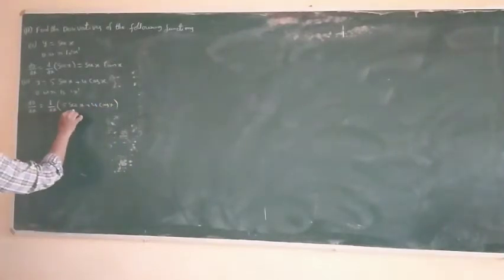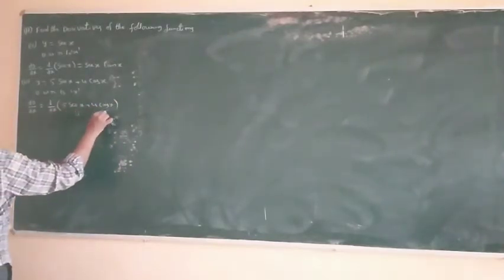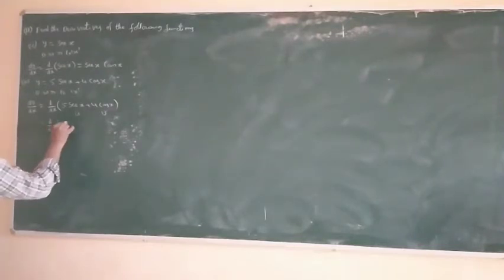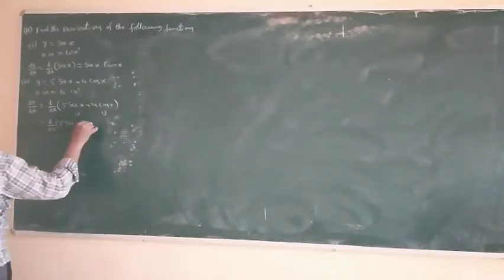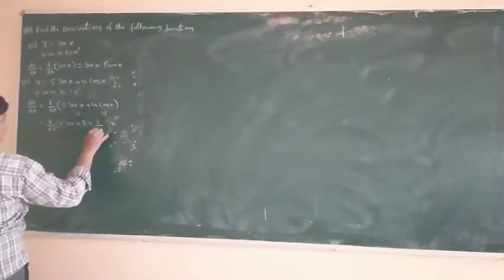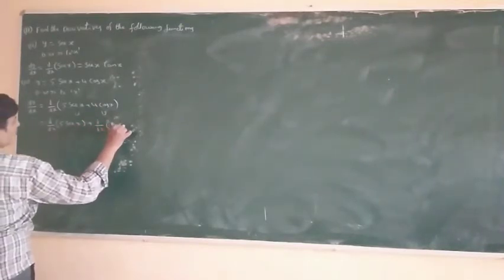So, derivative of u plus v is equal to derivative of u plus derivative of v, where u is 5 secant x and v is 4 cos x.